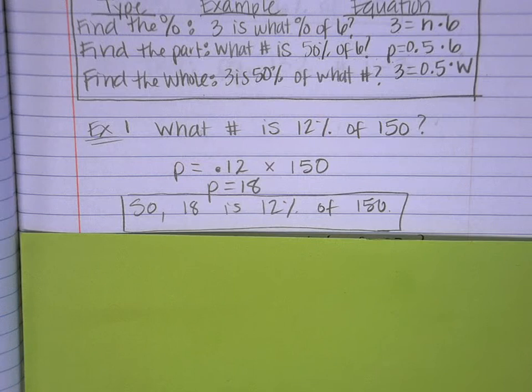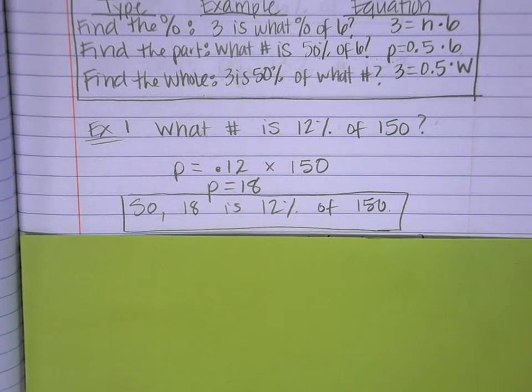Good. So if you divide in your calculator, 12 divided by 100, you guys want to try? Try it. What do you get? 0.12. Good shortcut? So it's just changing the percent to a decimal every time.